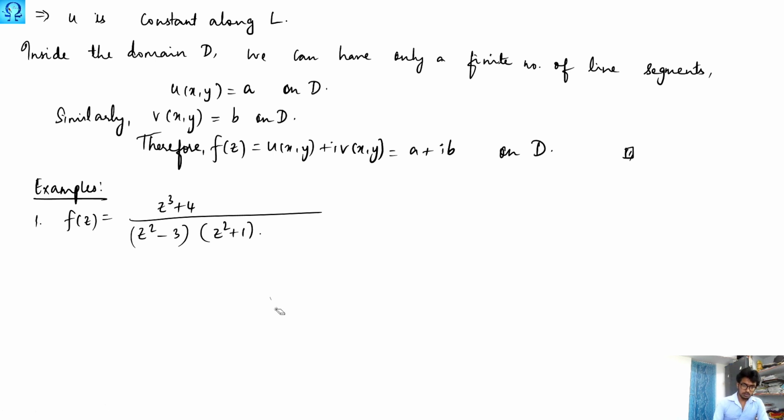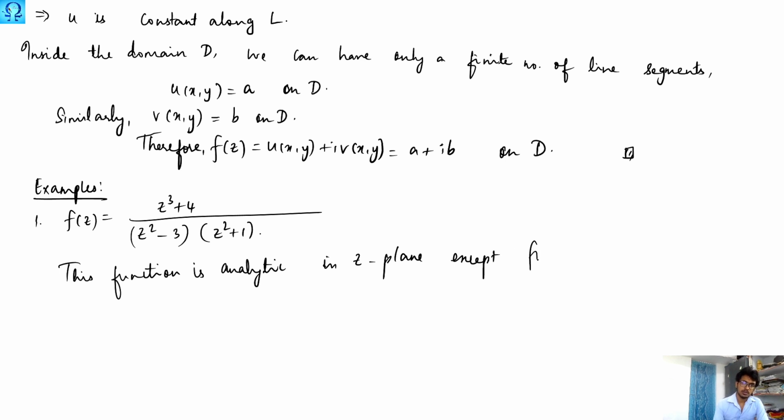This function is analytic in the z plane except for the singular points z equals plus or minus root 3 and z equals plus or minus i. At these 4 points the function fails to be analytic, but at all other points the function is analytic.